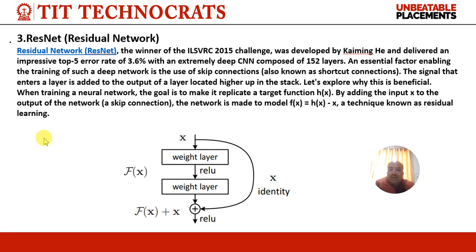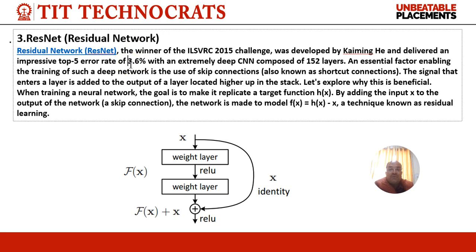Now let us see the next architecture, called ResNet or residual network. This was the winner of the ILSVRC 2015 challenge, developed by Kaiming He. It delivered an impressive top 5 error rate of 3.6%.